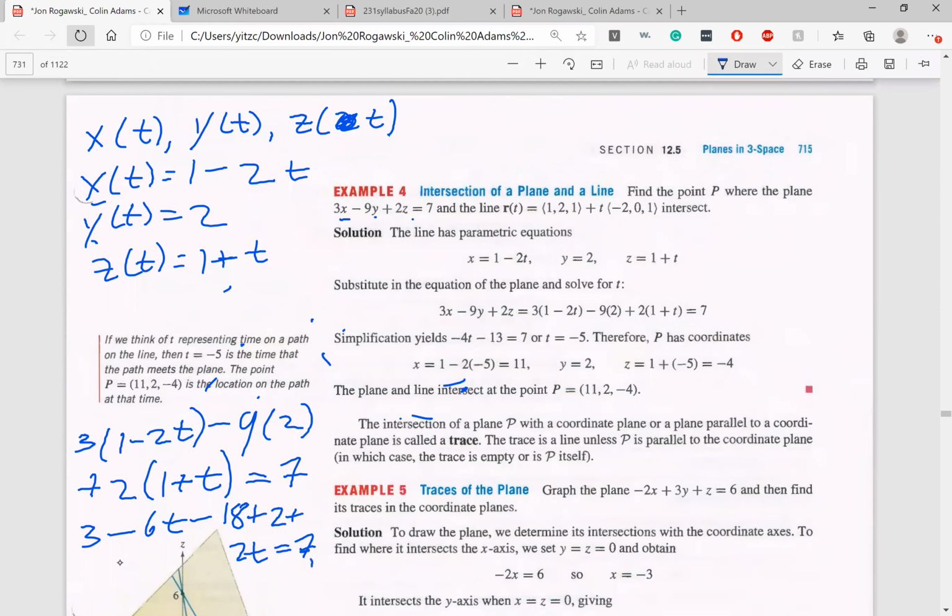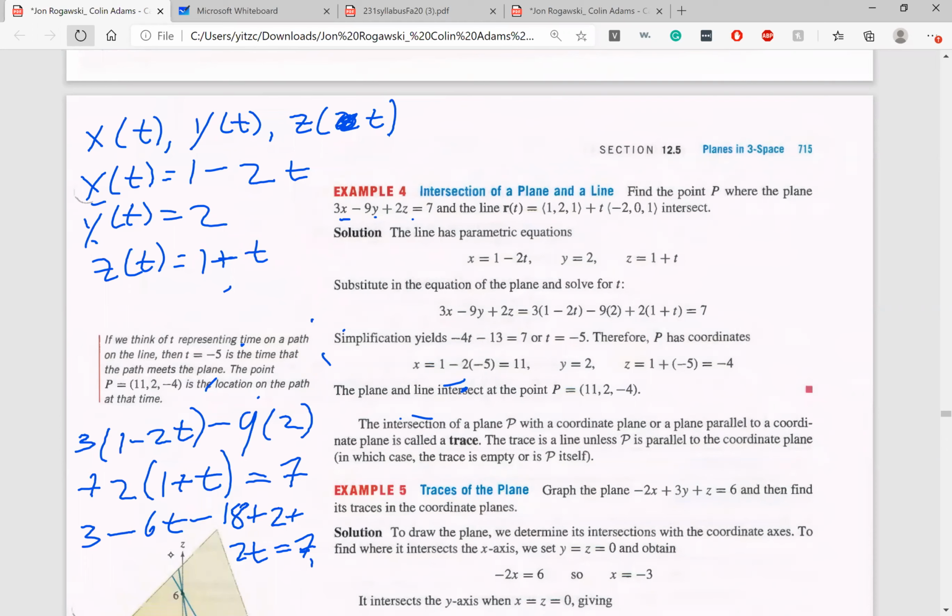So you're going to have 3 plus 2, and then minus 18, which is going to be negative 13.